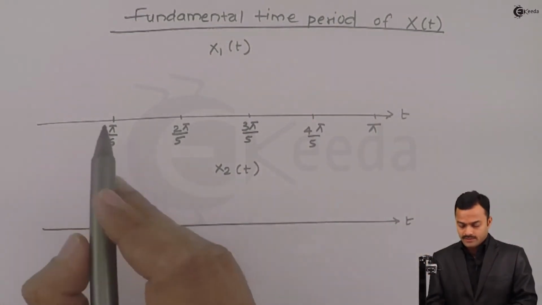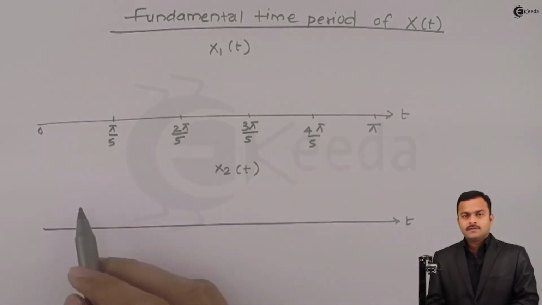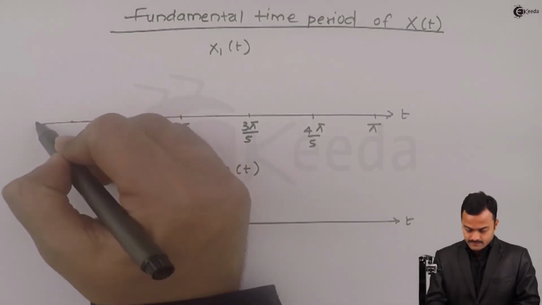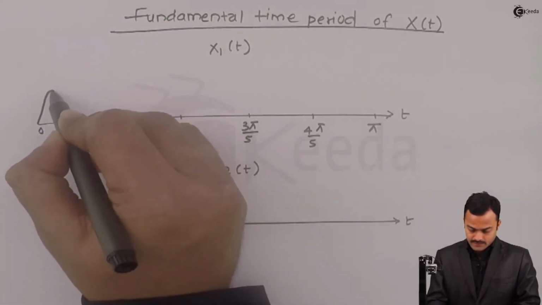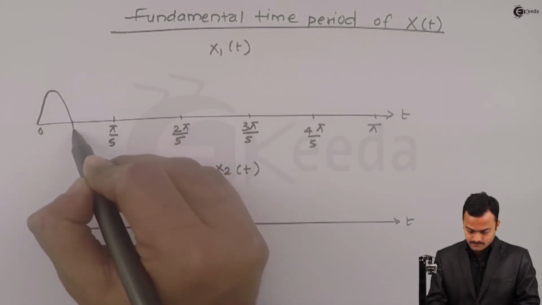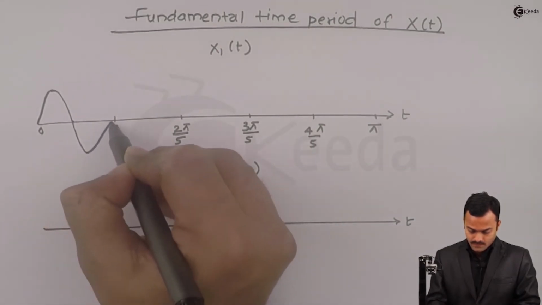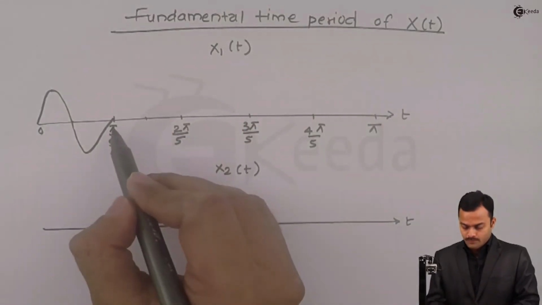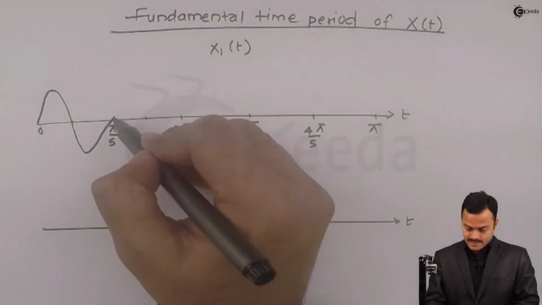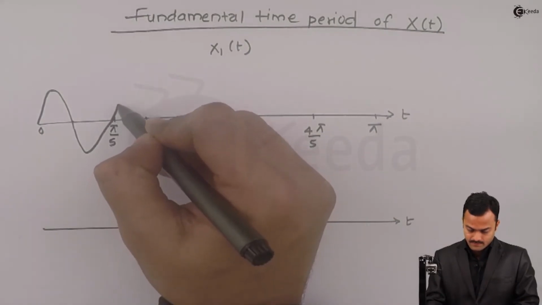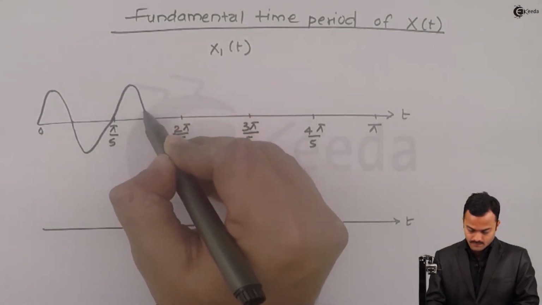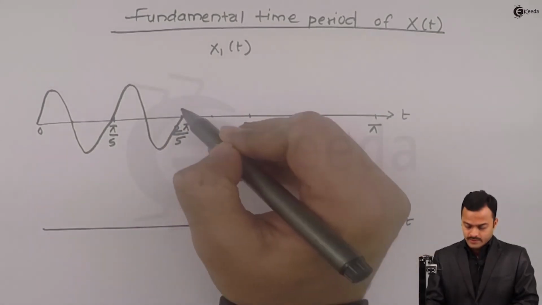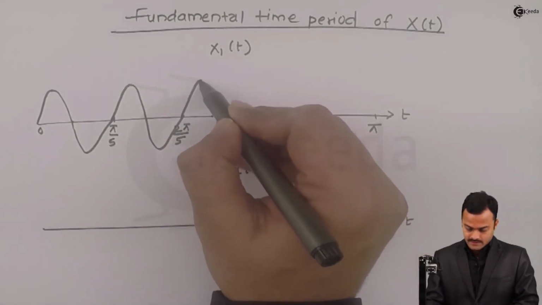Let's consider I am plotting this from 0 to pi. So pi by 5 is the time period, meaning you will get a waveform like this. One cycle is completed. From pi by 5 to 2 pi by 5, the second cycle is completed like this. So I can get cycles like this.